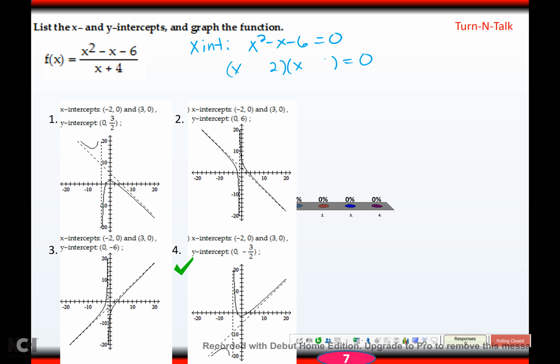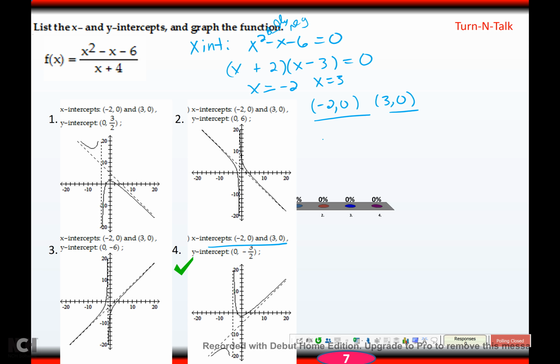Factors of 6 that make 1 are 2 and 3. Since c is negative, only the bigger one gets the negative, so x equals -2 and x equals 3. Those x-intercepts you get when y is 0.